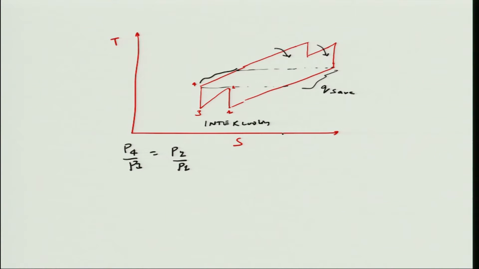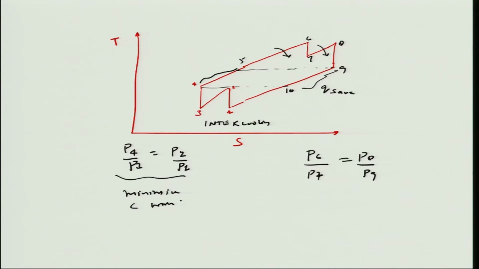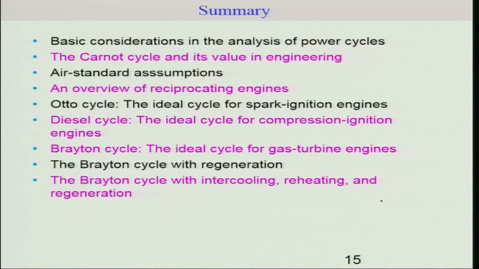Similarly, one can show that for the case of reheat, in order to maximize the work, if this is 5, this is 6, 7, 8, 9 and 10, P6 by P7 should be the same as P8 by P9. So this is to minimize compressor work, and this is to maximize turbine work. So this is what I wanted to cover, the gas turbine with intercooling, reheat and regeneration.